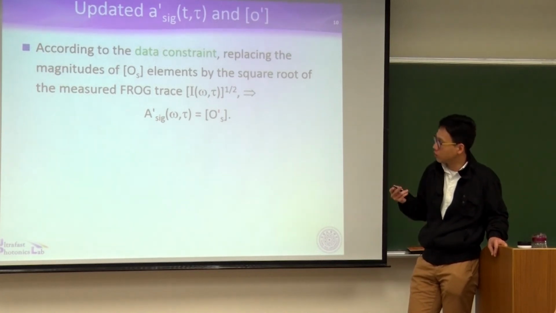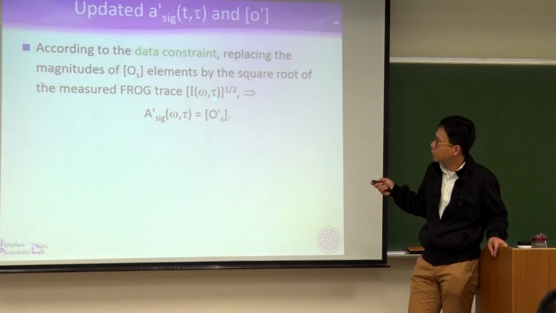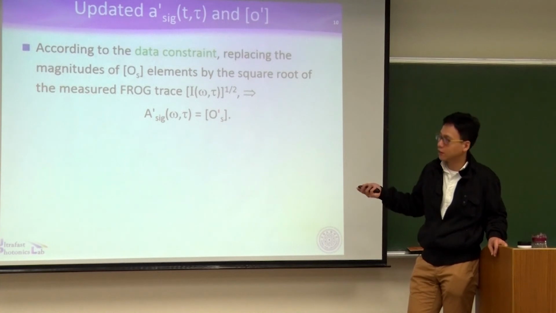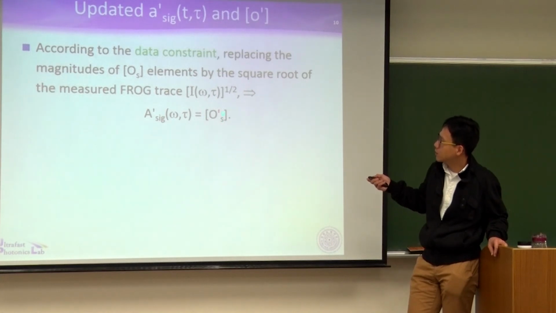So you have to perform the replacement. That means your new big A sub sig prime, where prime means updated, the updated gated signal spectrum, is just big O sub S prime.